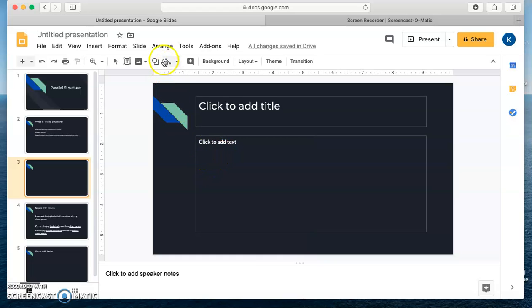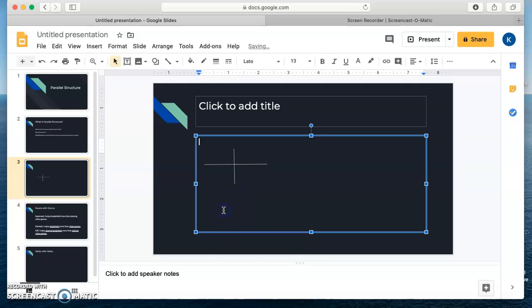If I go up to my line tool, and there we go, and I draw this line right here, and then I come back up to it, and I draw a second line right here, how would you describe these two lines? Roughly. They might not be perfectly lined up, but how would you describe these two lines?